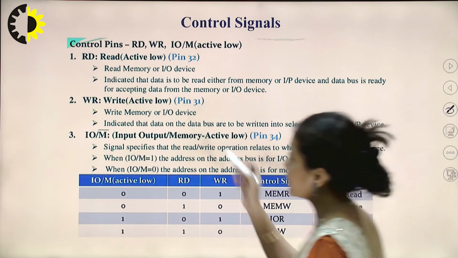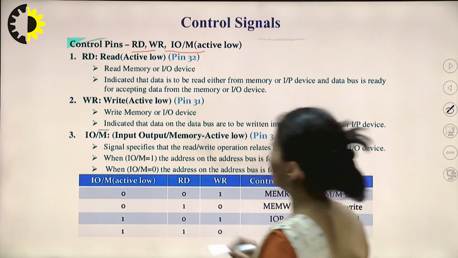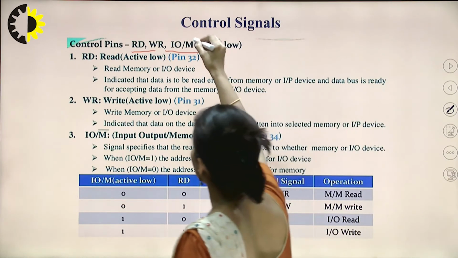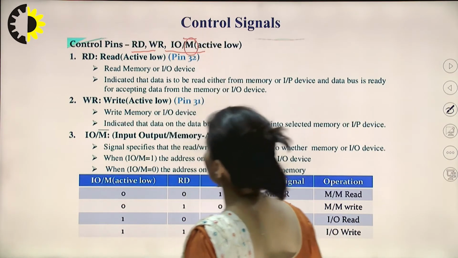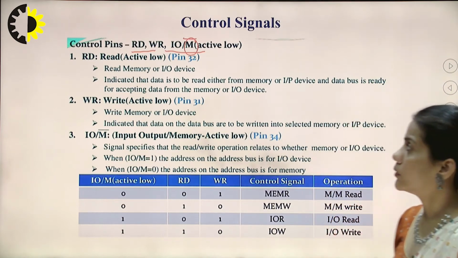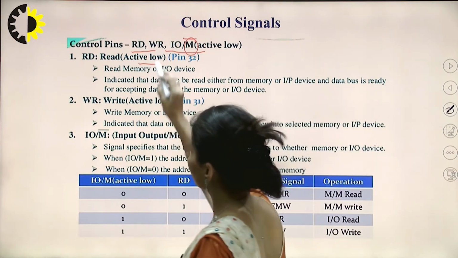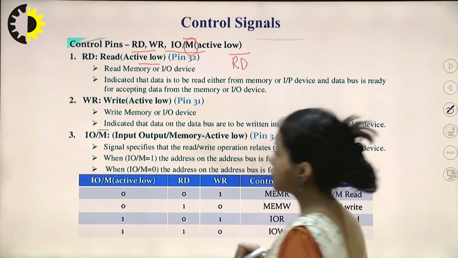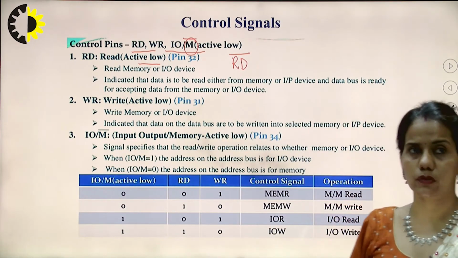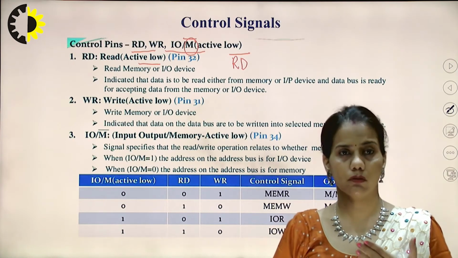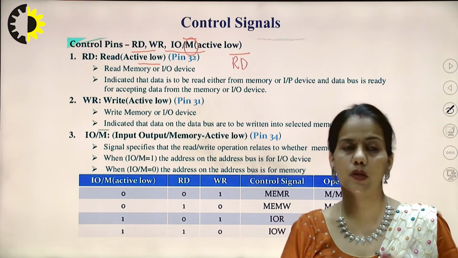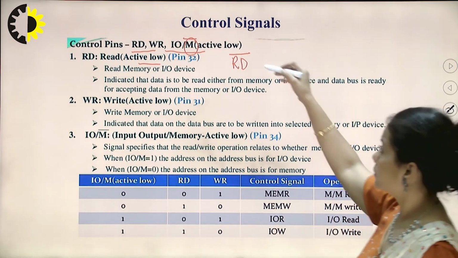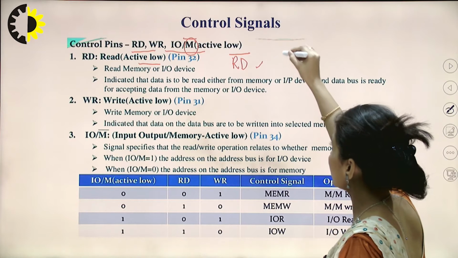Now we come to the pins read, write, and IO/M bar. Here, in IO/M bar, the memory part is active low. So now we will discuss the read pin, which is active low. Whenever a memory or input output device read operation is being performed in the microprocessor, this pin is active low, so this pin will be 0.